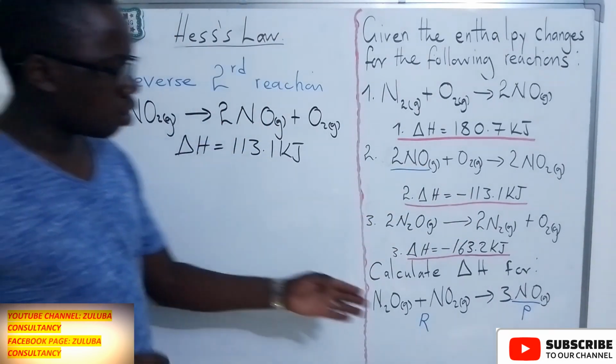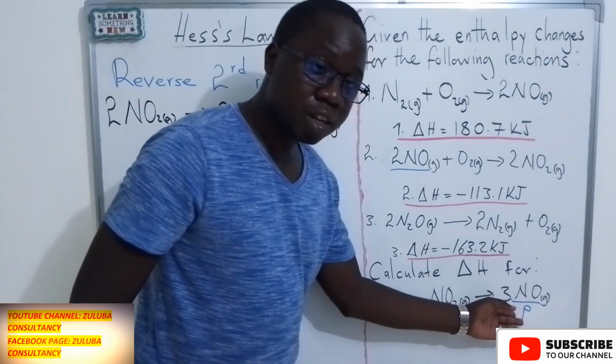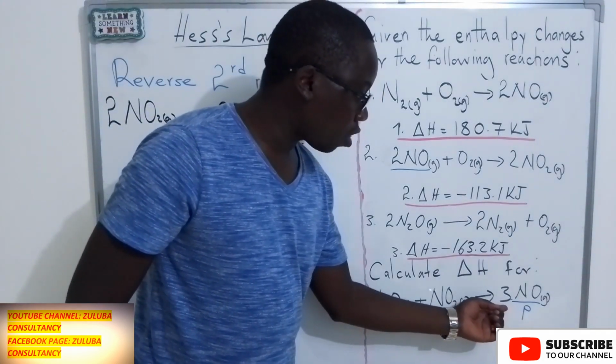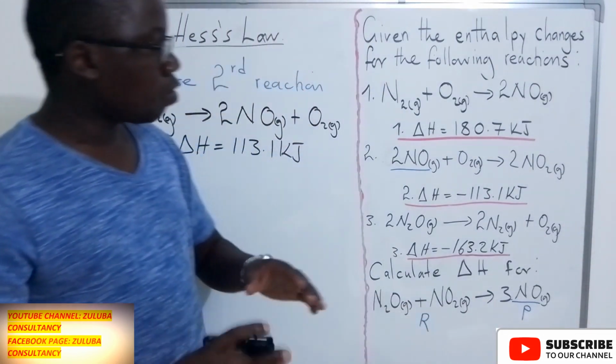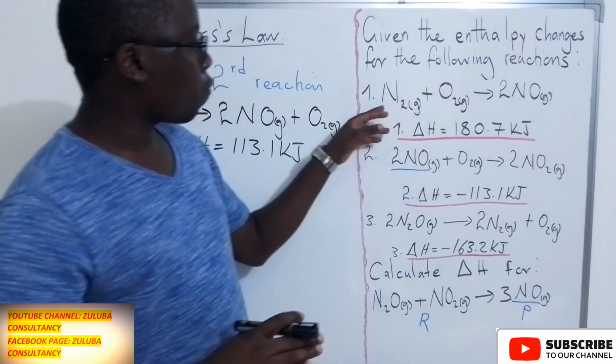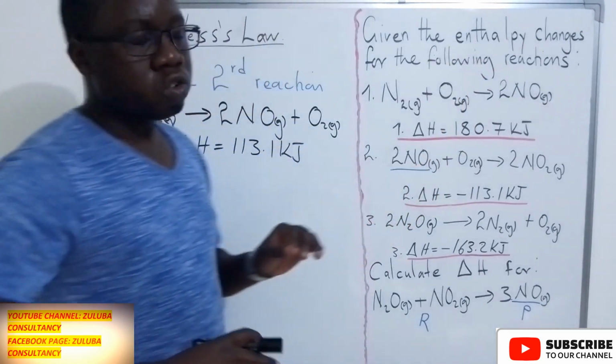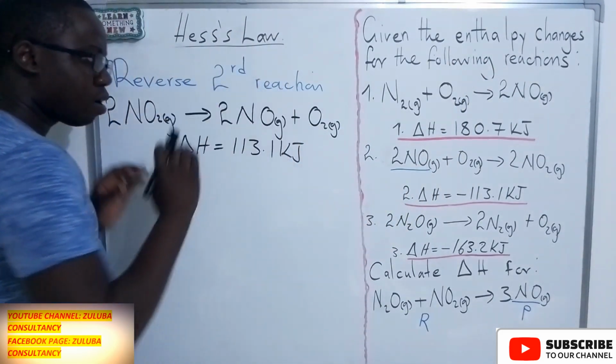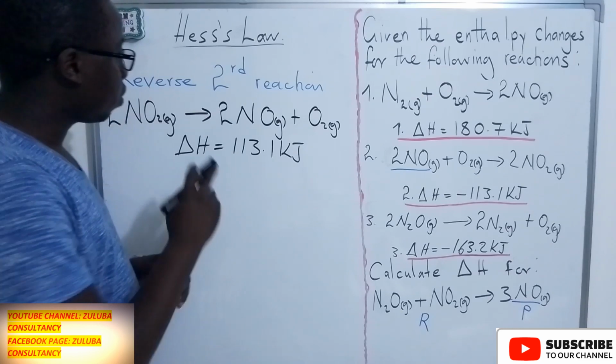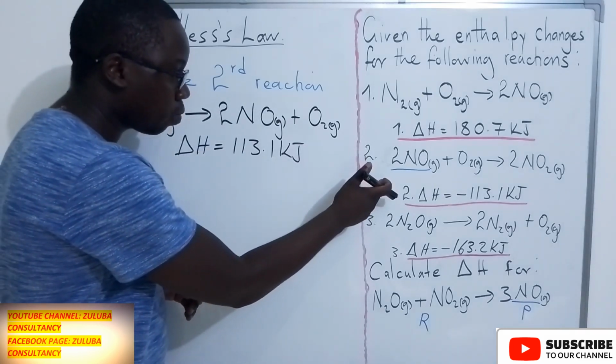Now, when you look at the overall reaction that we have, NO has 3. Now, the first equation has NO that has 2. So, what further action can we take regarding the second reaction?